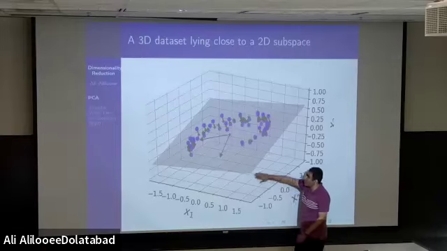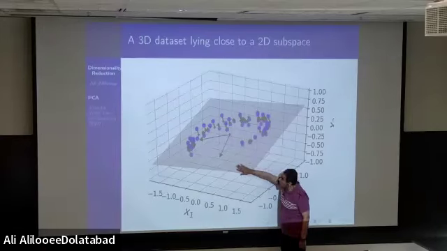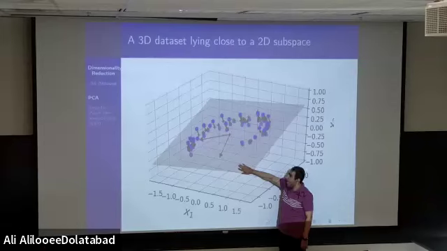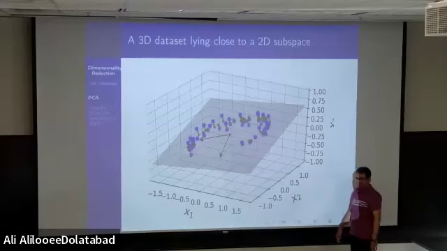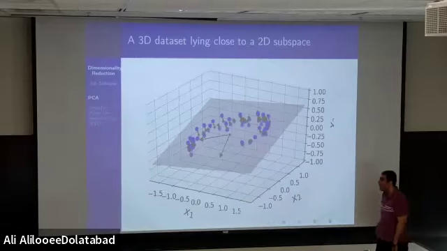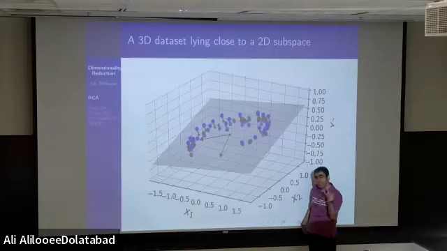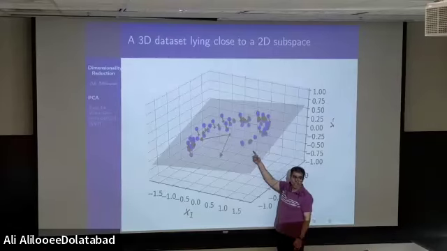By using those features, you can consider a plane, and when you consider that plane, all other data points will be projected on this plane. And what you are doing when you do this, you are reducing your data set from 3 dimensions into 2 dimensions.